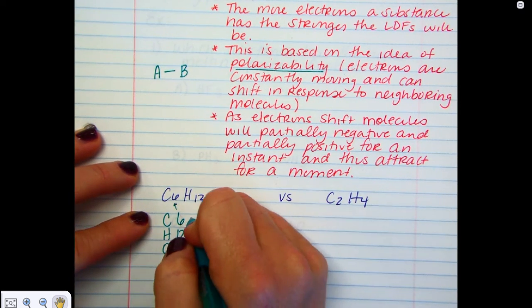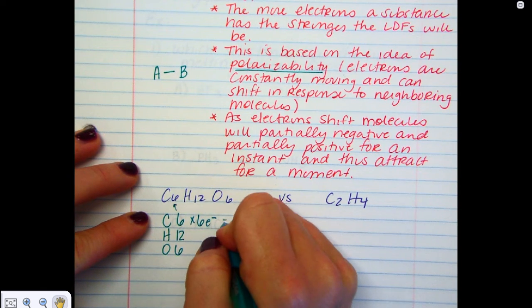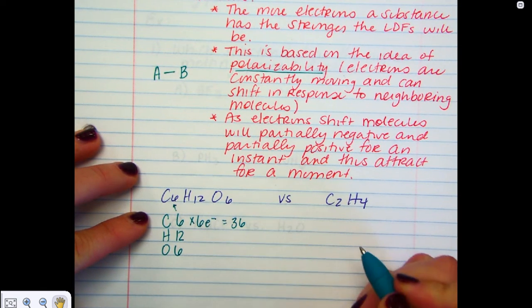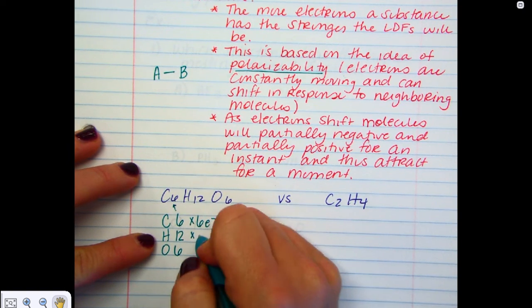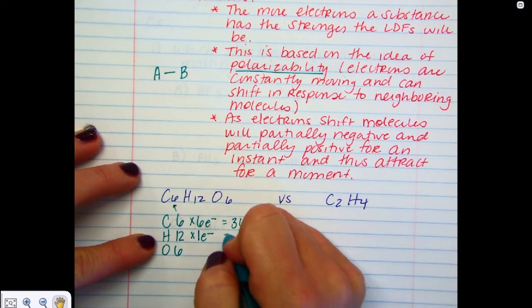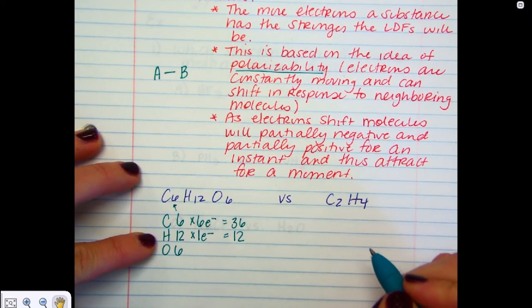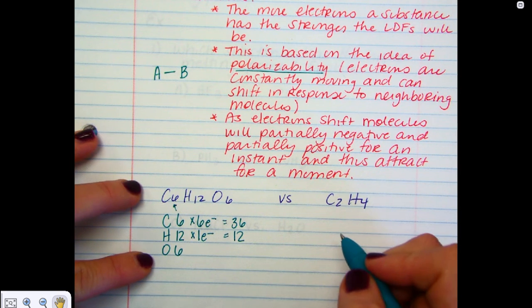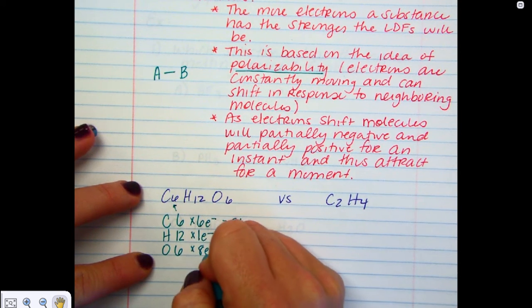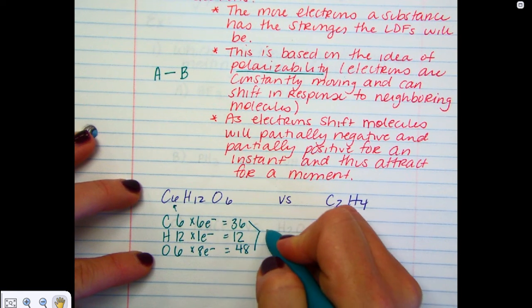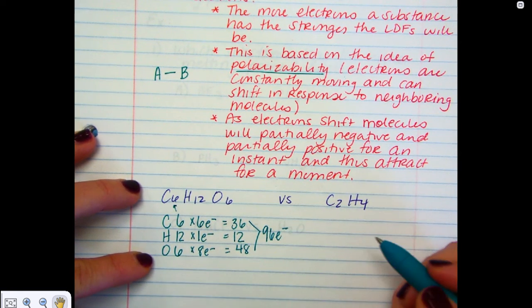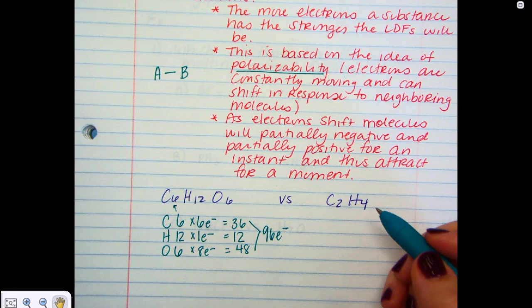Carbon has 6 electrons, so a total of 36 electrons there. Hydrogen has 1 electron, so a total of 12 electrons there. And then oxygen has 8 electrons, so a total of 48 electrons. So if I add all that up, we're looking at 96 electrons.